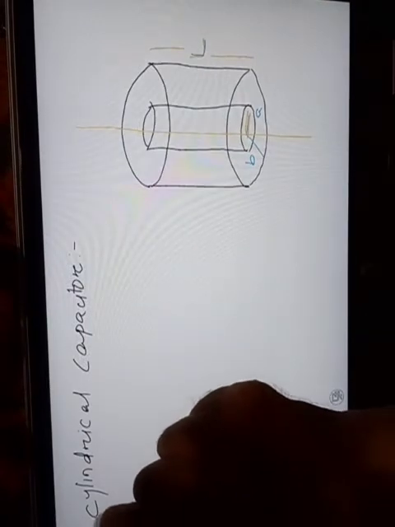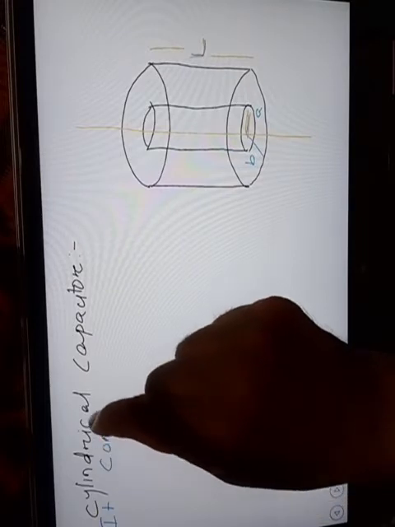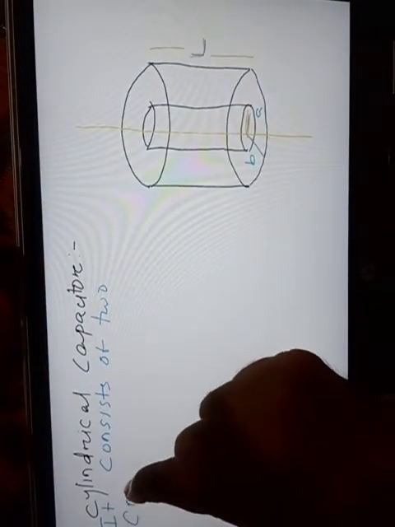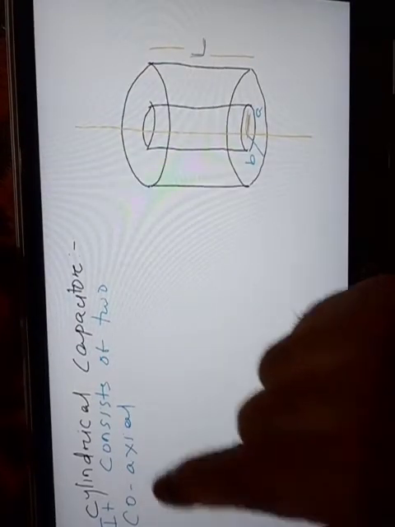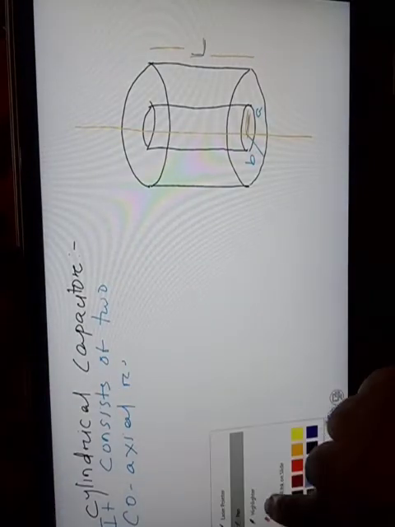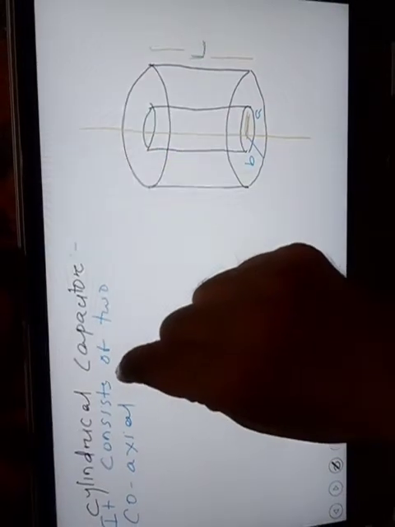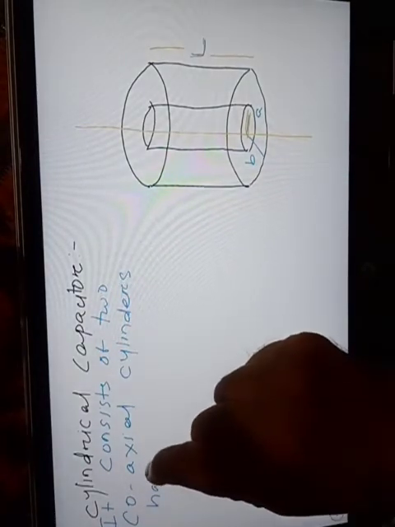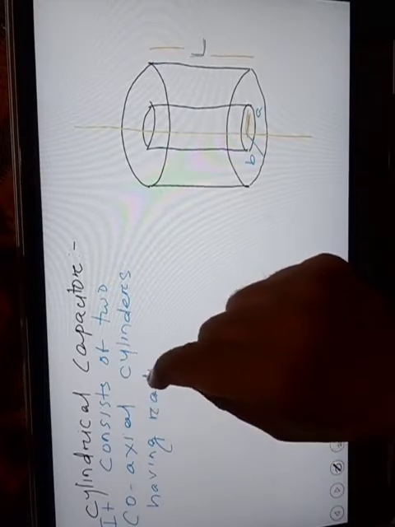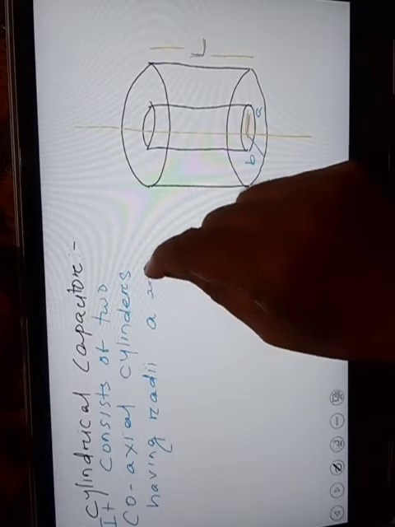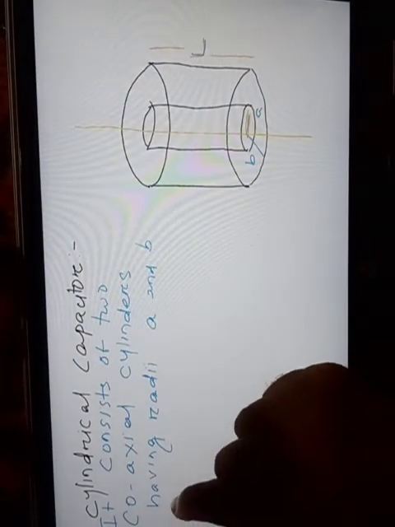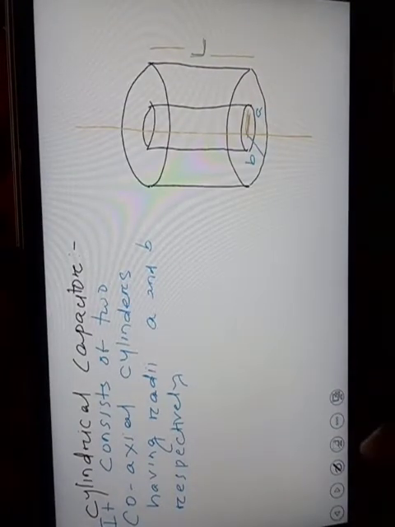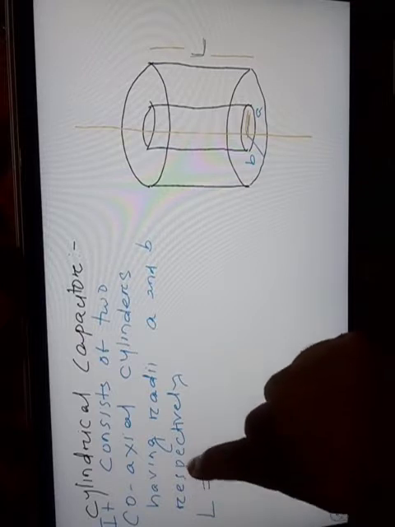So it consists of two coaxial cylinders having radii a and b respectively, and L is the length of the capacitor.